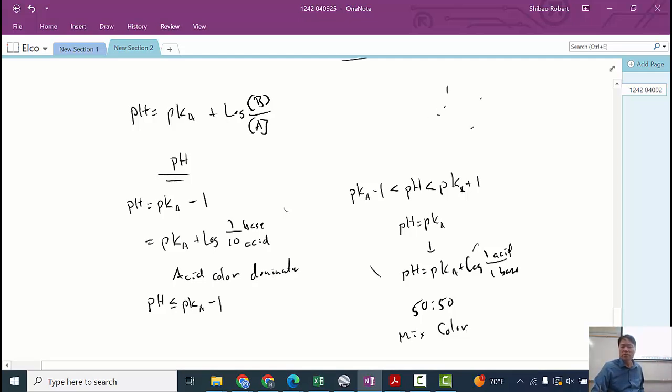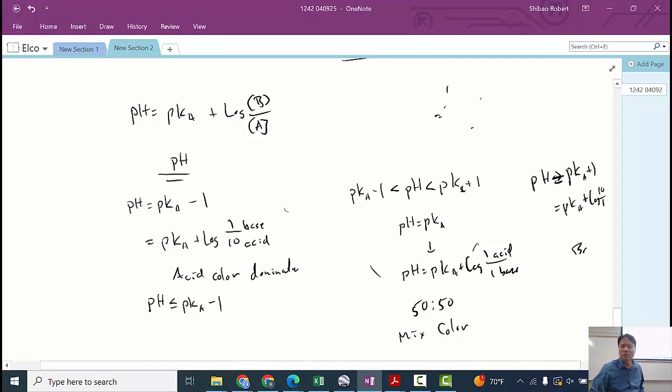All right, so the next one is if we have our pH greater than or equal to pKa plus 1. That means we have pKa plus the log of 10 to 1, 10 parts base, 1 part acid.